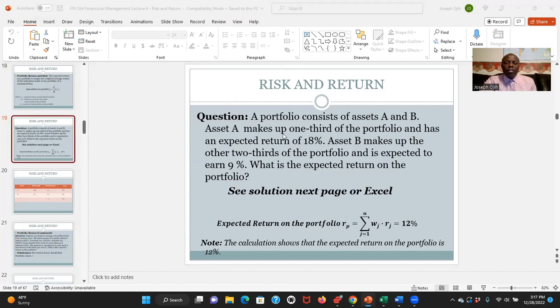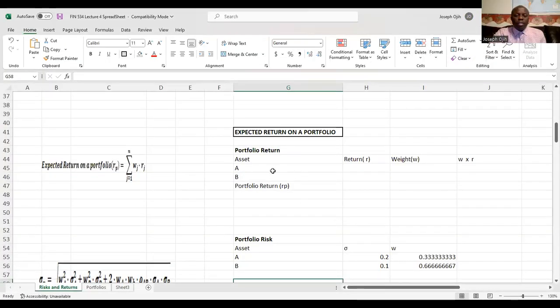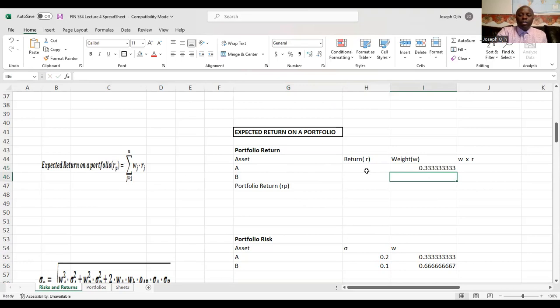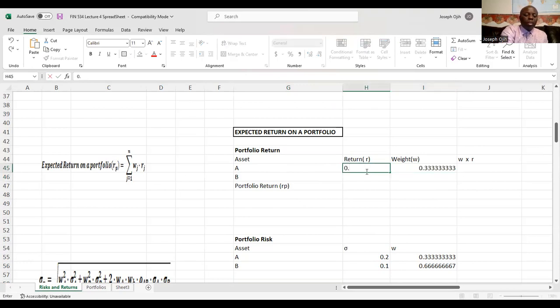Starting with asset A, it is 1/3 with a return of 18%. So you have 1/3 with a return of 18% for asset A. In Excel, to do a calculation, put the equal sign first: equals 1/3. And the return of 18%, which is 0.18.